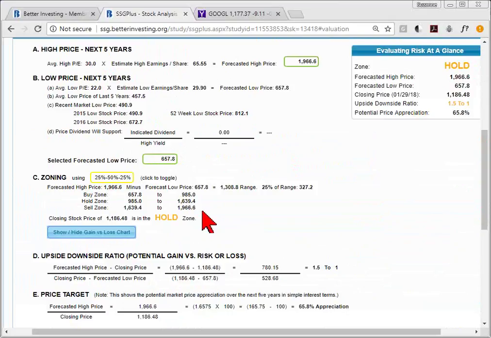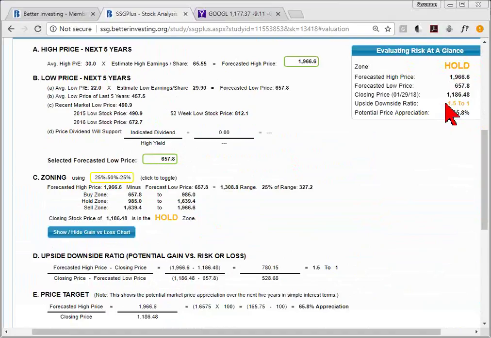We can also see that if we bought, let's take a look at some of these boxes here, and what this is telling us is if we bought the stock at this price, even though it's a hold, if we went ahead and did that, we might still see a potential price appreciation over 5 years of 65%.